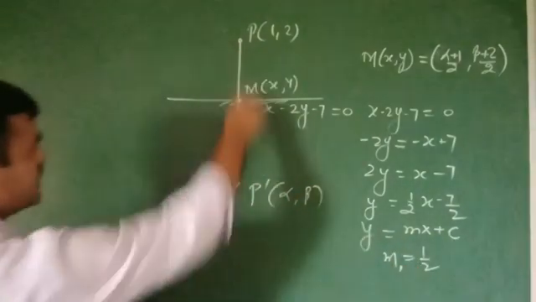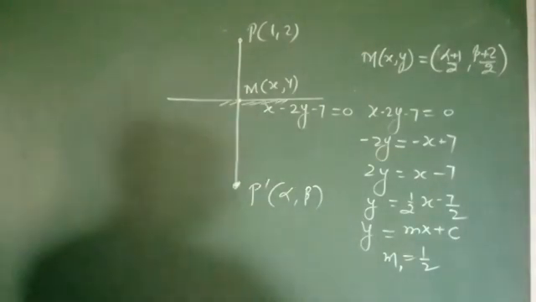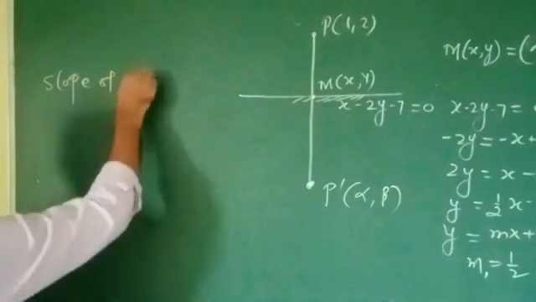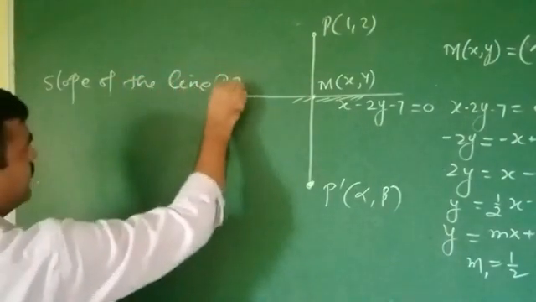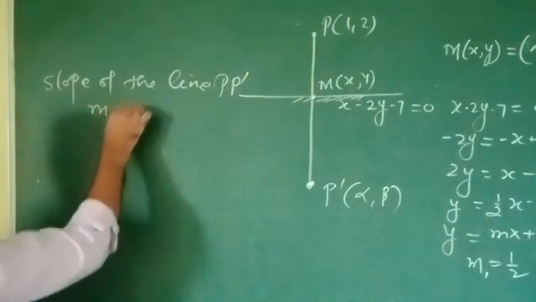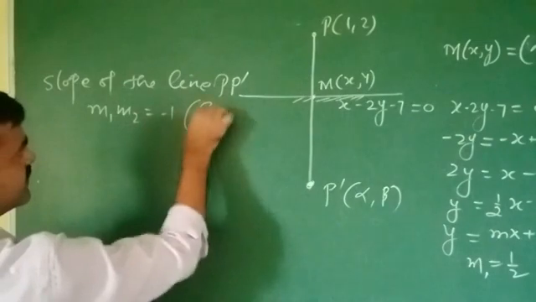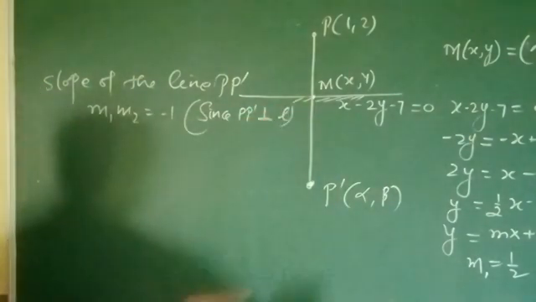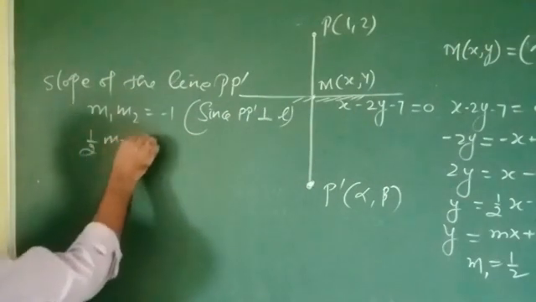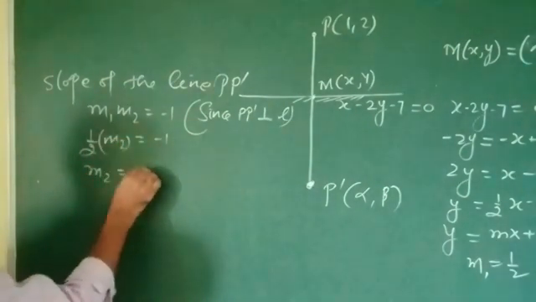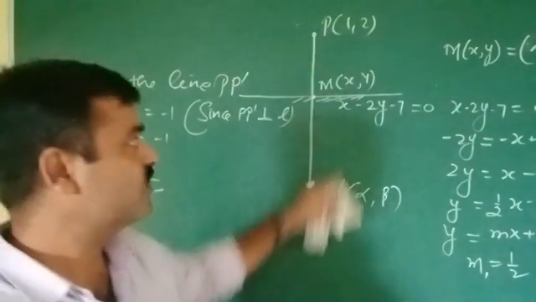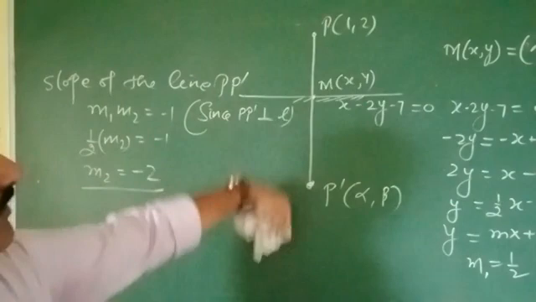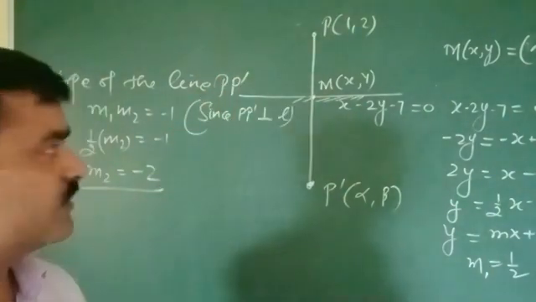Then what is the slope of the line PP'? Since PP' is perpendicular to the given line, m1 m2 = -1. Here 1/2 times m2 = -1, then m2 = -2. So the slope of the given line is 1/2 and the slope of the line PP' is -2.